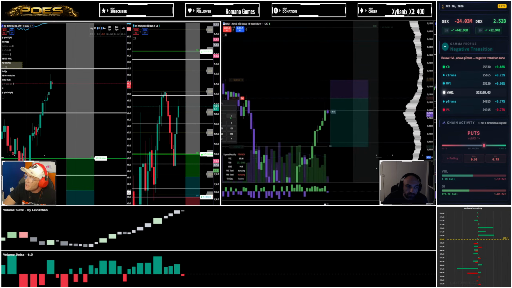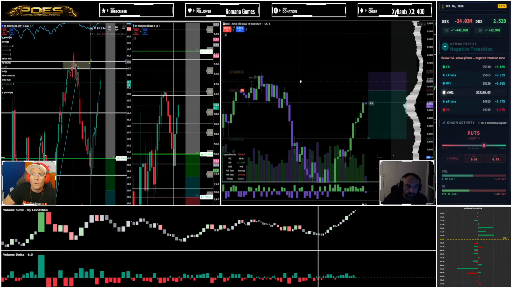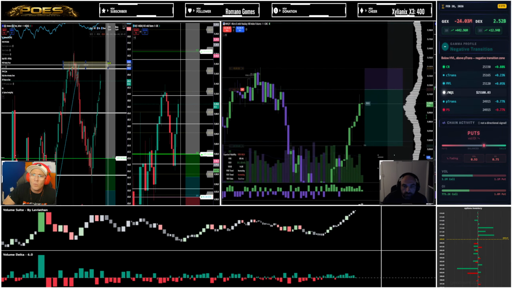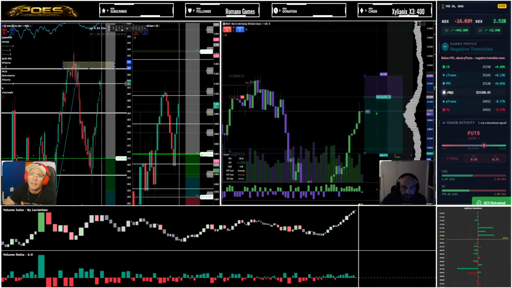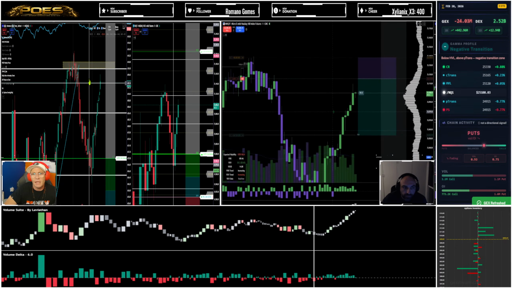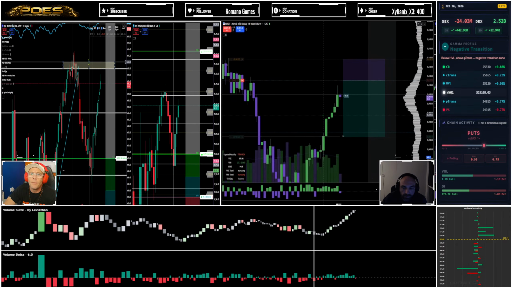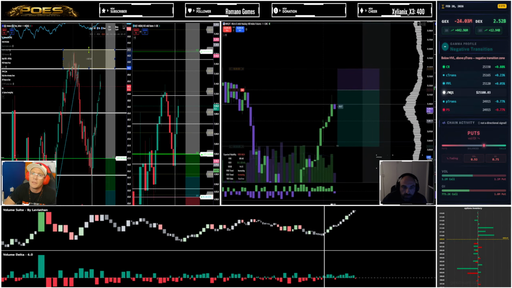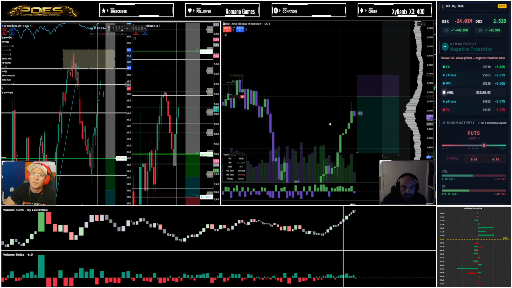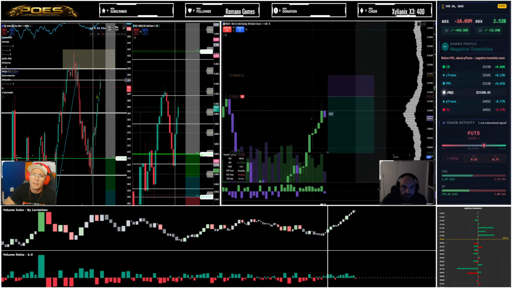So as previously mentioned, here is the point where we're a little bit more sure we could get a rejection here. I'm just not sure of the pop as usual, because that pop is almost 40 points currently.